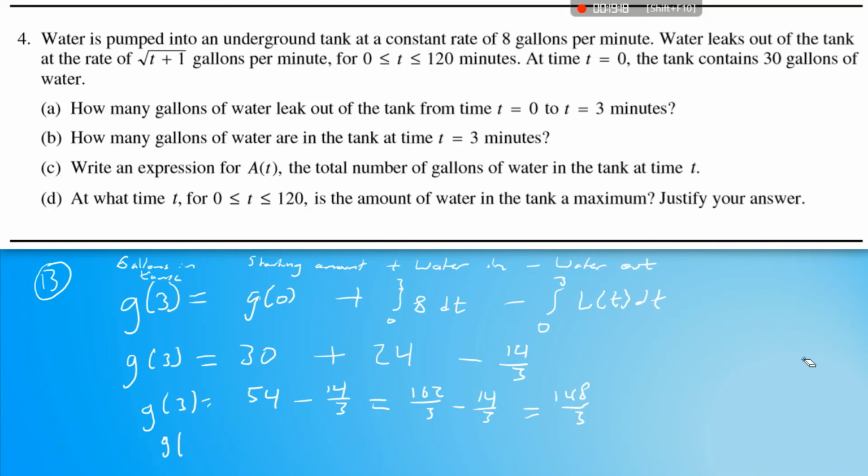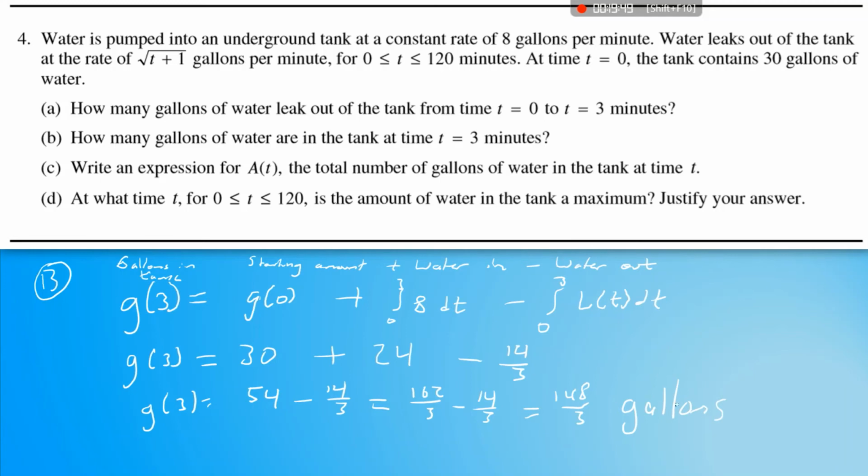So I'm going to leave this as 148/3. What are my units? Just gallons. Okay.